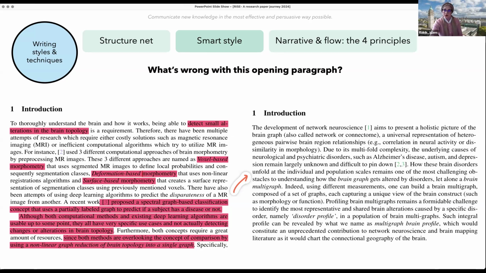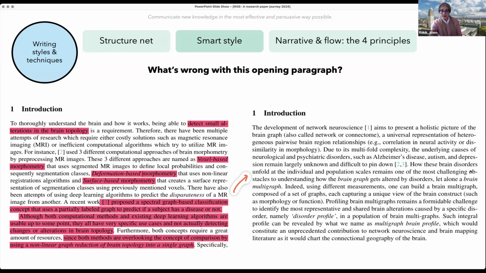Okay, guys, so of course this could be further improved, but do you see the point? You see at least now the context, which is network neuroscience, right? Where we represent the brain as a graph or a network. And then we see that this network is really highly complex, especially in disordered brains, and it's difficult to pin down the connectomic or edge changes between different regions in the brain.